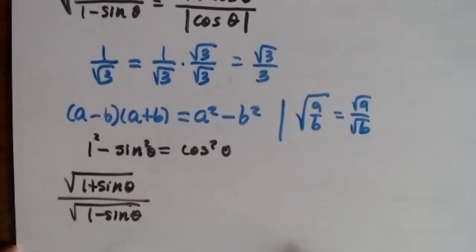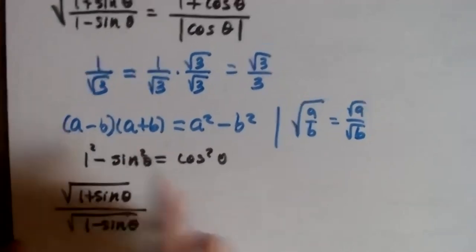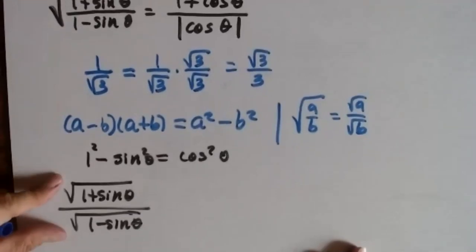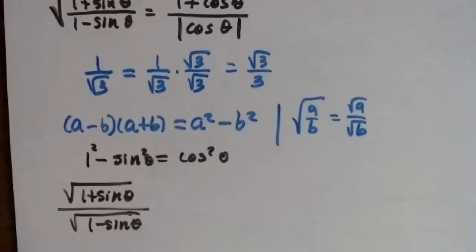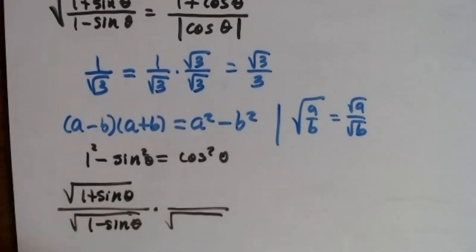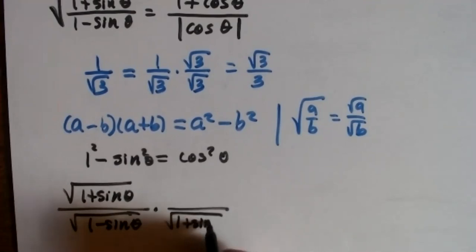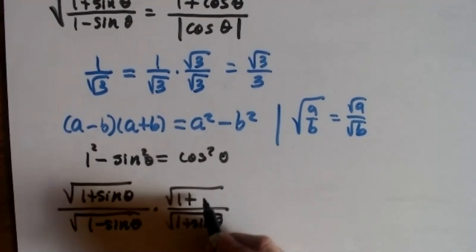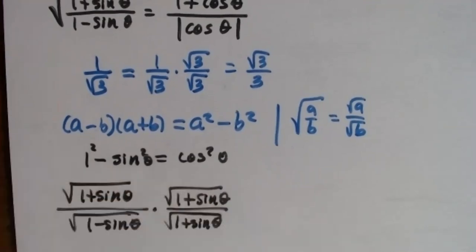Another algebra 1 thing. So I split my square root and then I'm going to multiply times the square root of 1 plus sine theta. And at the top, I want to use the same sine theta, correct?